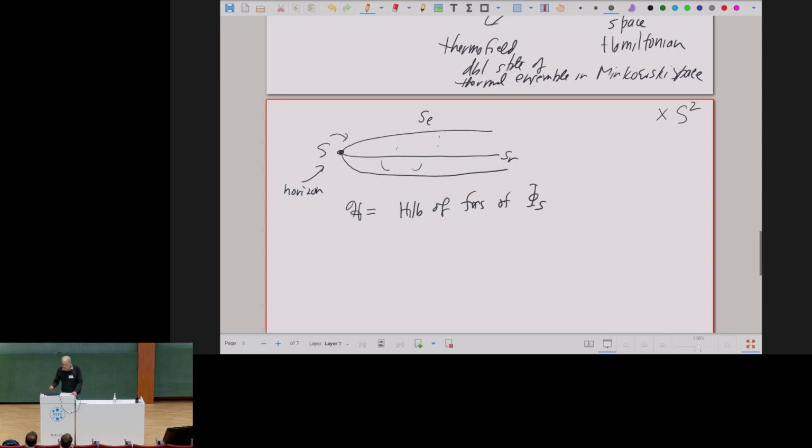Phi s is a field on S. But I'll split phi s as a pair, phi on SL and phi on SR. Maybe I'll just call it phi L and phi R. So correspondingly, I formally split H as HL tensor HR. So the state that we constructed, psi W, is in H, which is HL tensor HR.